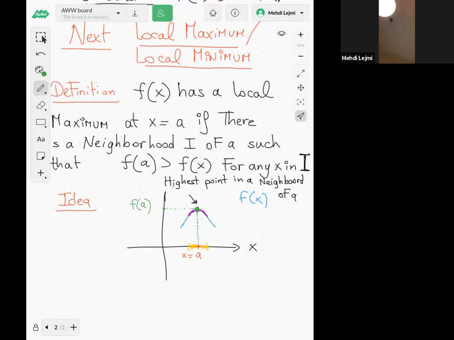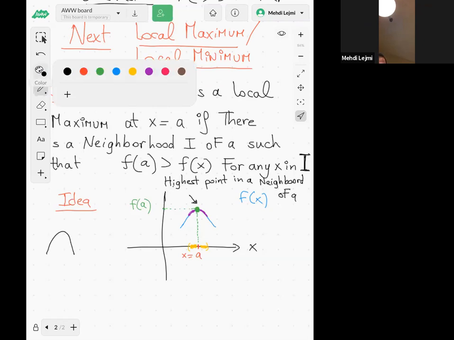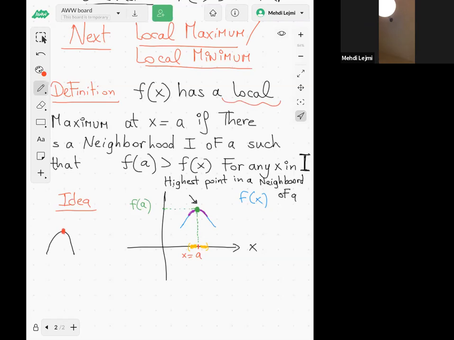So the idea, guys, is that whenever you have a parabola which opens down, like this here, then this point would be a local maximum. Here we are using the word local because it's a maximum just in a small neighborhood of a. So this point here is a local maximum.